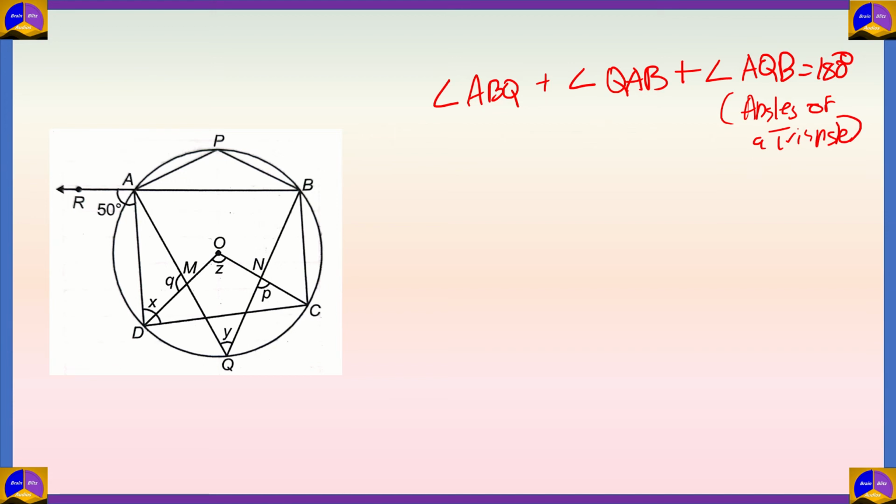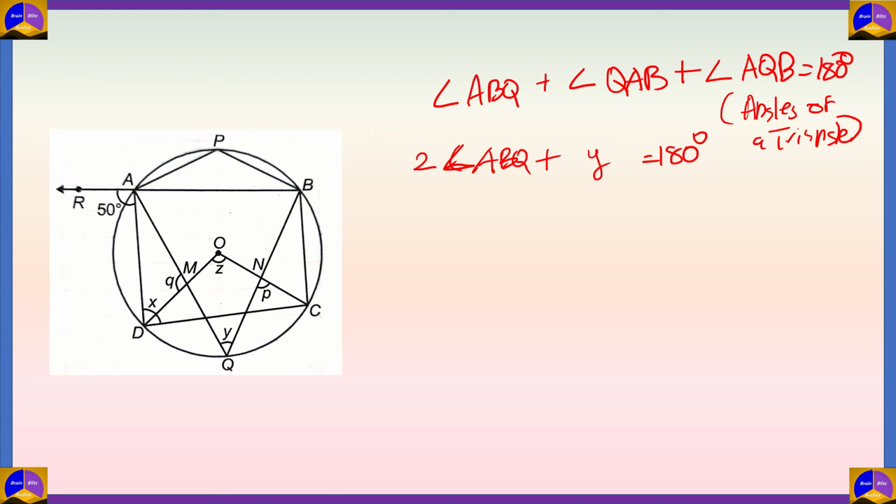Now ABQ is equal to QAB, so we can write this as 2 times ABQ plus angle AQB is equal to 180 degrees. Now angle AQB is given as y. So instead of writing angle AQB, we'll write that as y.